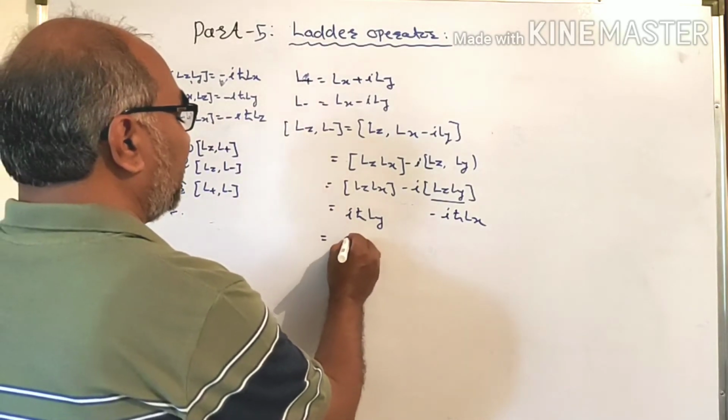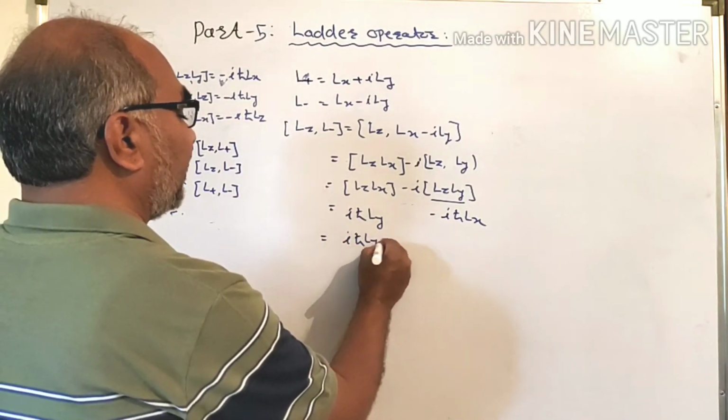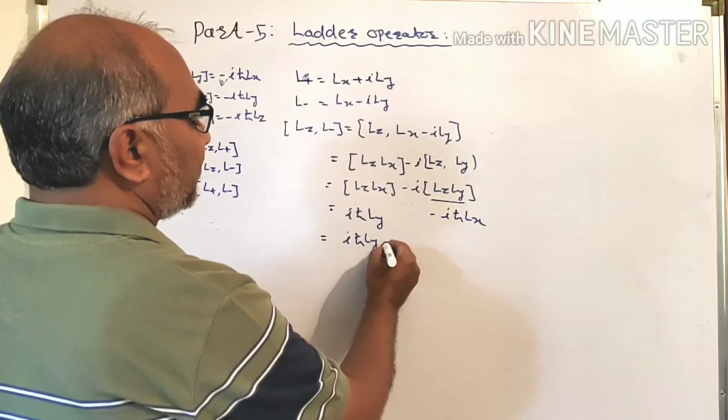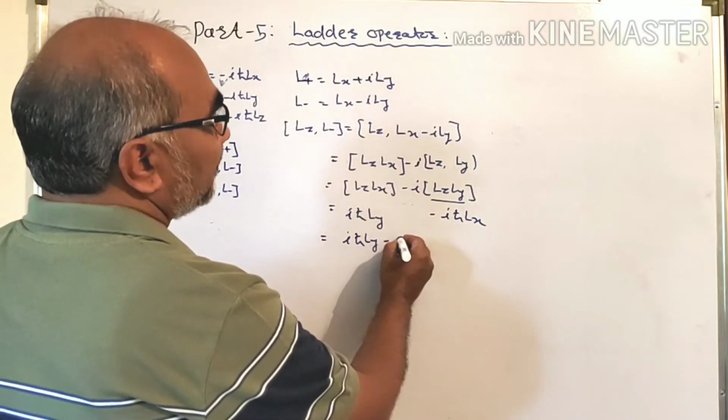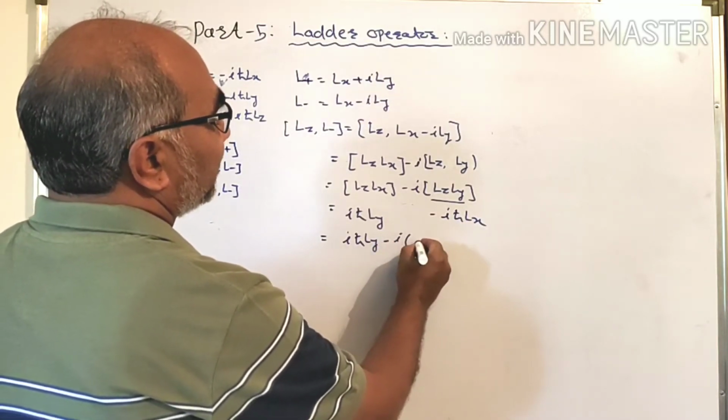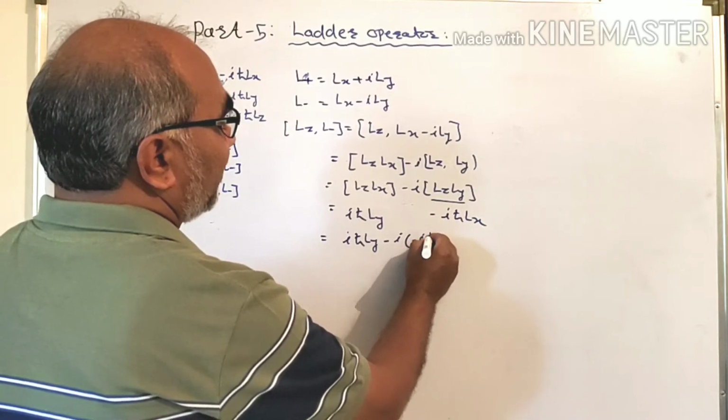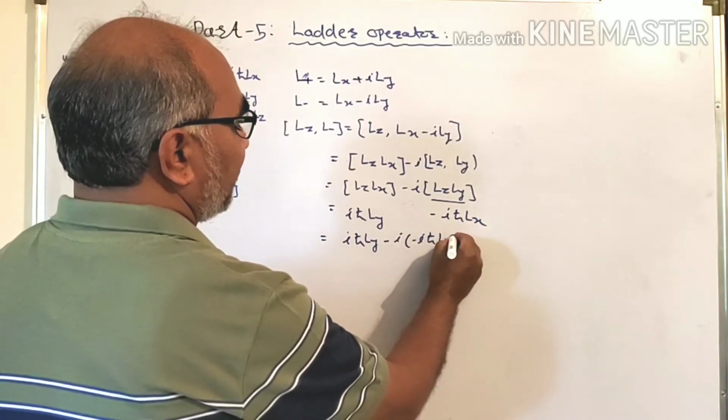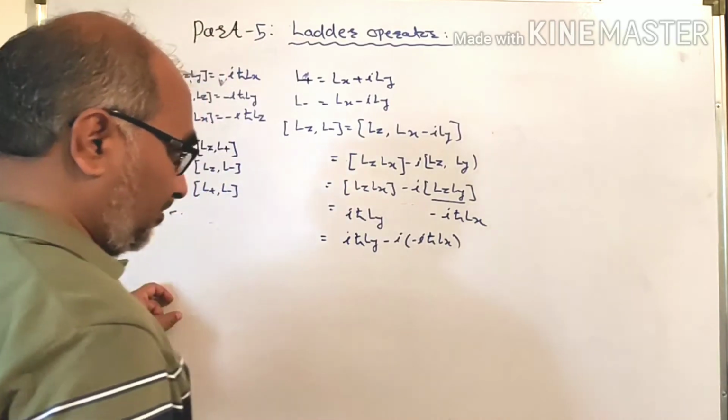Therefore this can be written as i ħ Ly minus i into the bracket minus i ħ Lx.